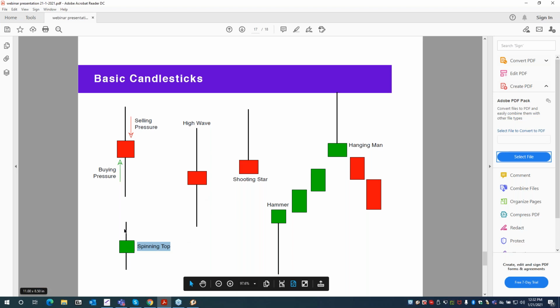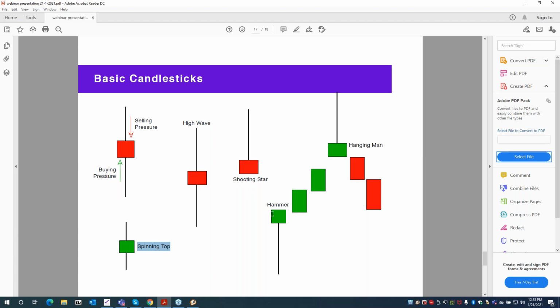With a spinning top, usually your shadows will be small to normal levels, like the body of the candlestick. Whereas with a high wave, the shadows are usually longer than the body. This is again an indication to be a bit careful at the moment, because it's uncertain and there'll be a lot of fluctuations to it.